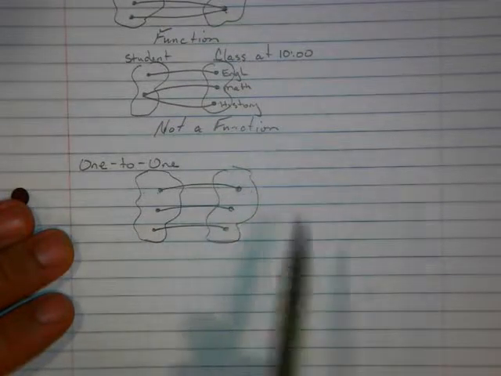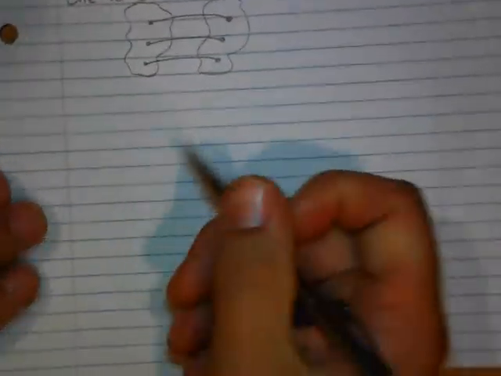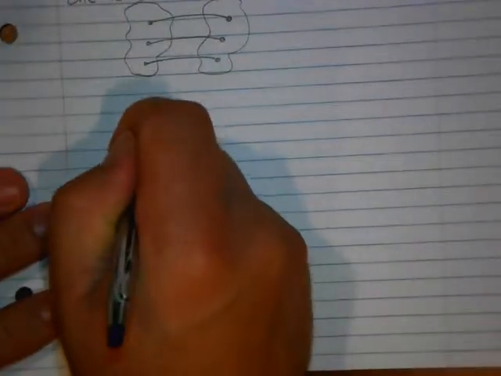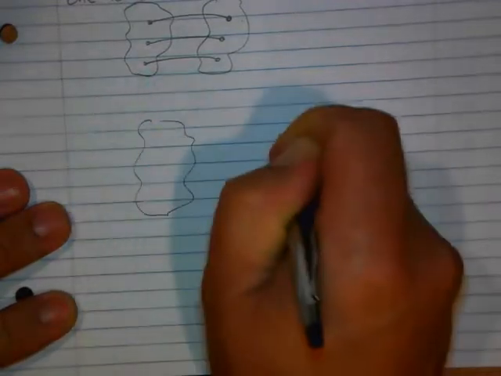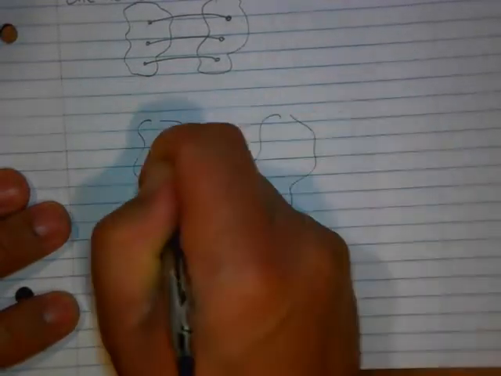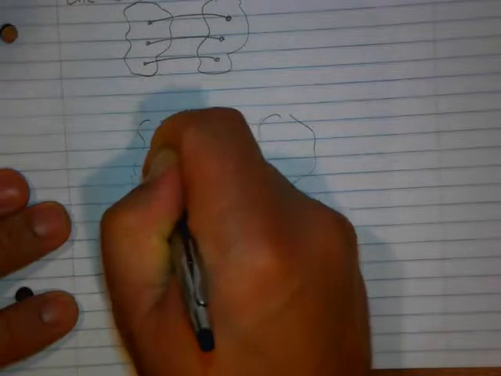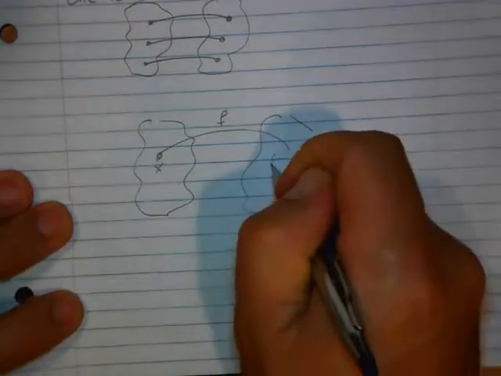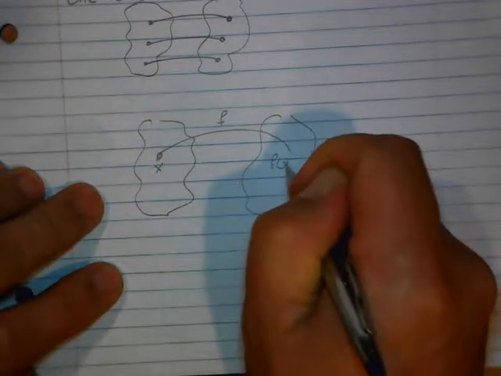So if we start, here's my x following my rule f, and I'm going to have my f of x. But something else I want to notice is that this is the domain, this is my starting domain of f.